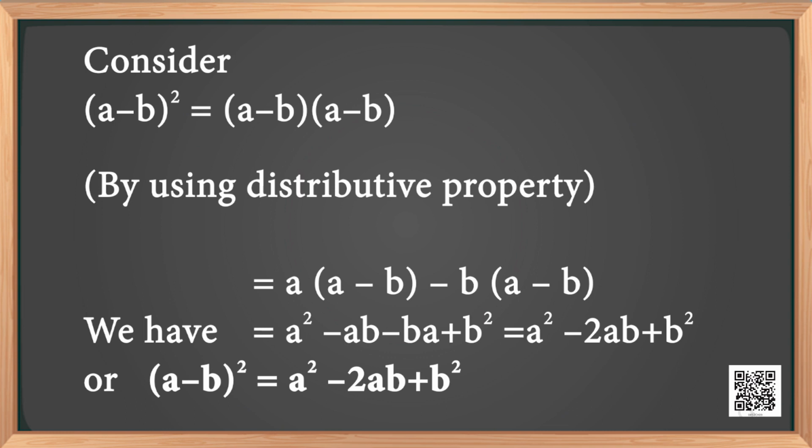We have a square minus ab minus ba plus b square, which is equal to a square minus 2ab plus b square. Why? Because here ab is equal to ba, that is a minus b whole square is equal to a square minus 2ab plus b square.